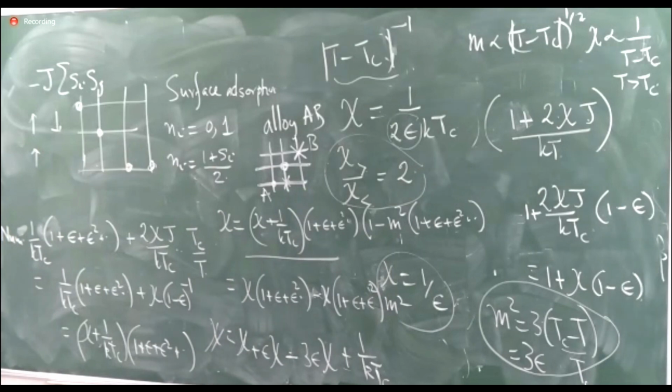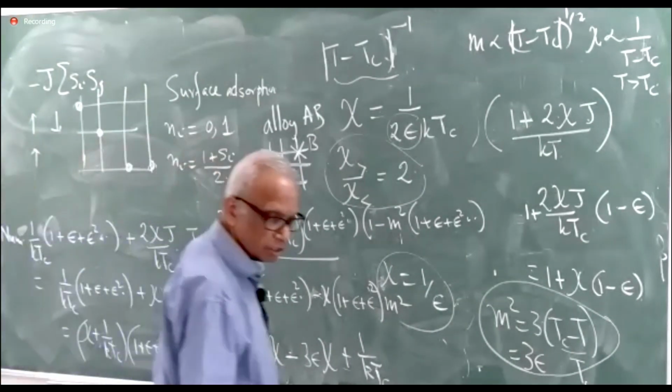You threw out the product of (S minus average S) with itself. Those were the fluctuations which you threw out, and those are the fluctuations which are responsible for changing the critical exponents.